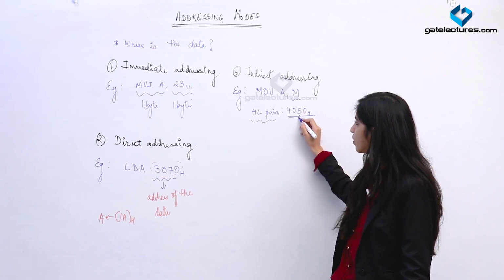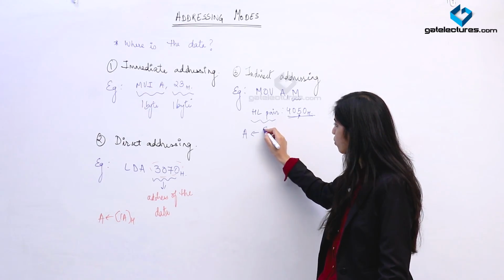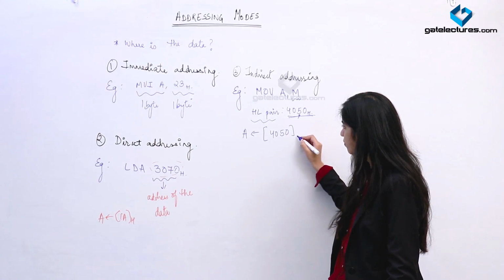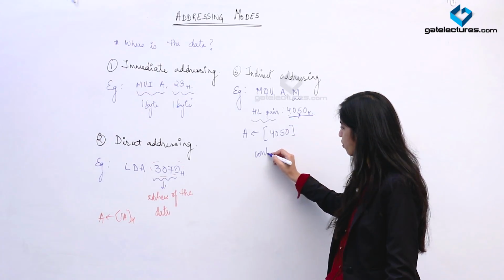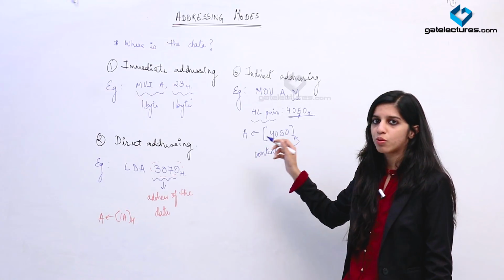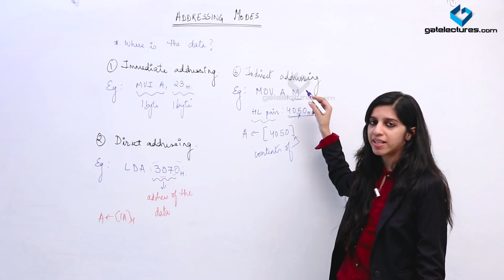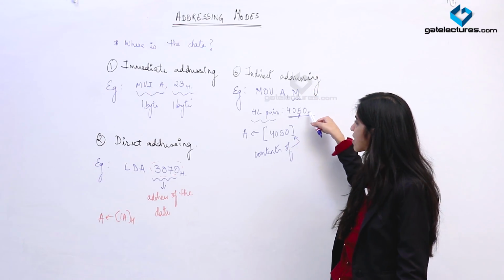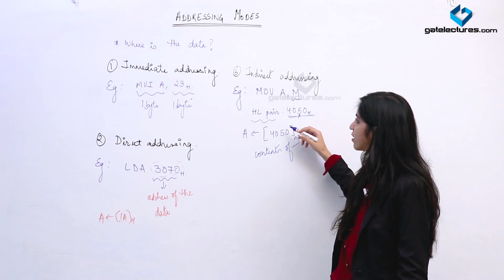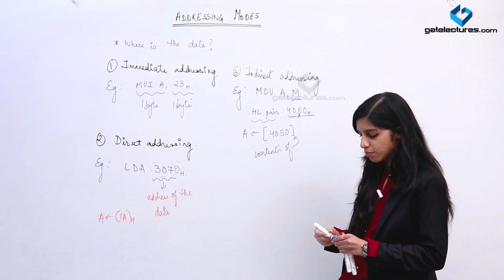You reach this value in the memory, extract the data, and load A with the contents of this memory location 4050. So we are not given the address of the data directly. We first have to extract the address of the data, then reach that address, extract the data and load register A with that data. This is known as indirect addressing mode.